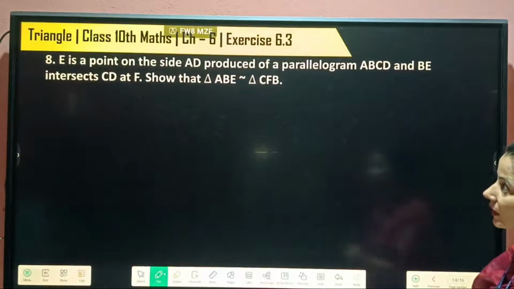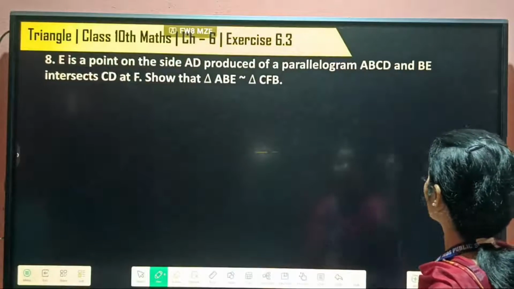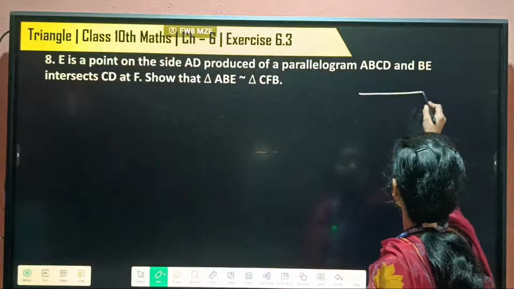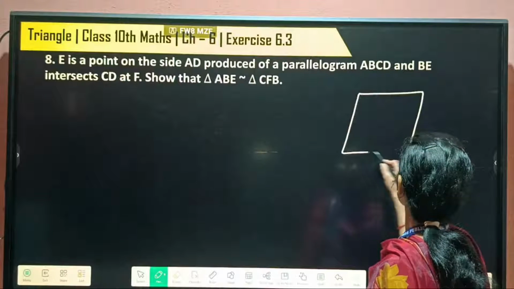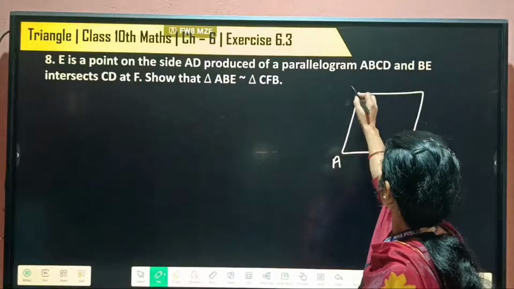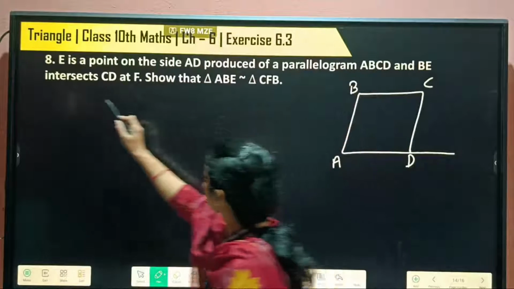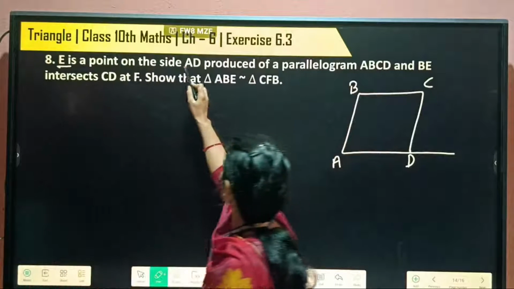Question number 8. E is a point on the side AD produced of a parallelogram ABCD. This is A, B, C, D. E is the point on the side AD.